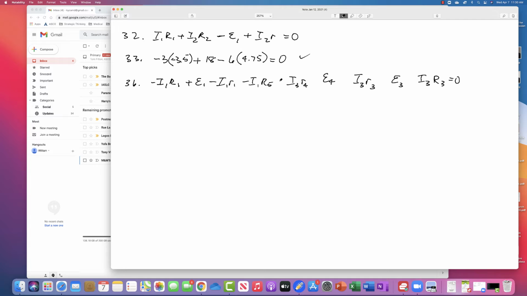I3 little r4 is in the same direction, so that's a negative. E4 goes from positive to negative, and therefore it's negative. Then I3 little r3 is negative. It's in the same direction as the current. E3 is from negative to positive, so it's positive. I3 R3 is in the same direction as the current, so it's negative. And so those are the signs.